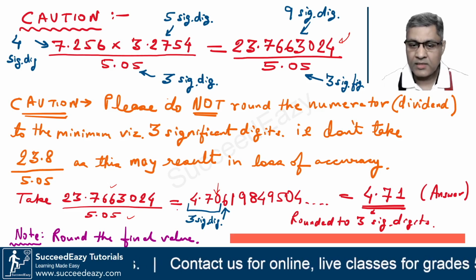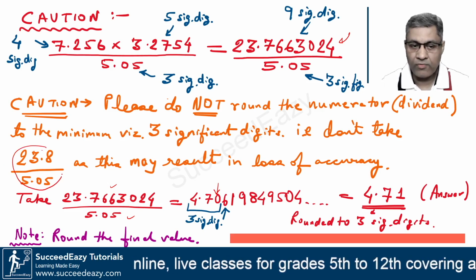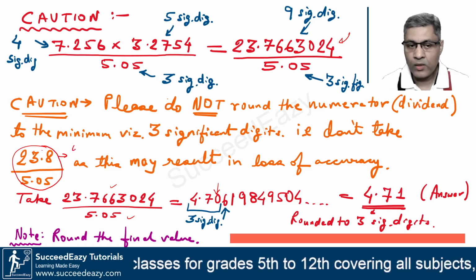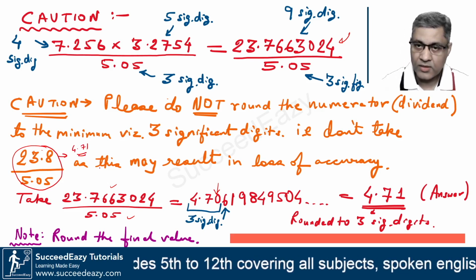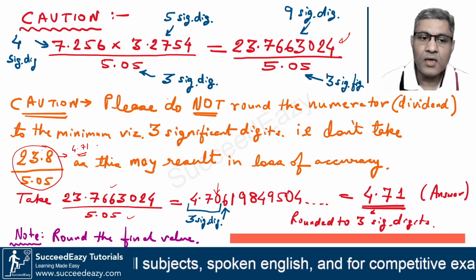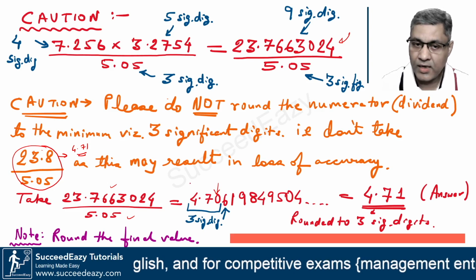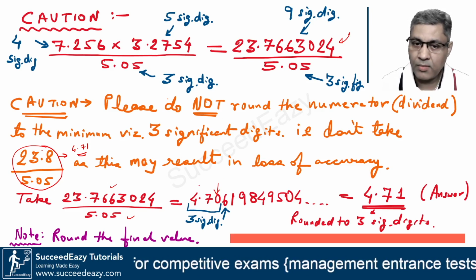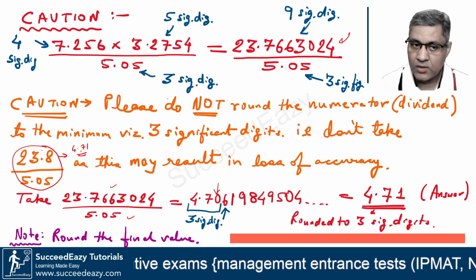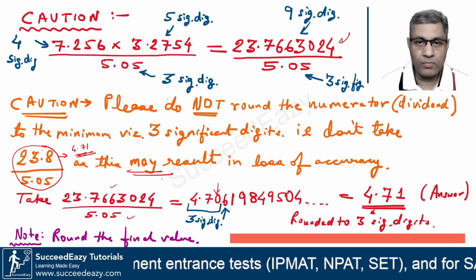Now you may actually see that even if you do 23.8 divided by 5.05, you may end up with 4.71. But trust me, that will not be a standard way to do problems, because in this case the rounding has resulted and the numbers have played in such a manner as to give you the same result, but this may not always be the case.